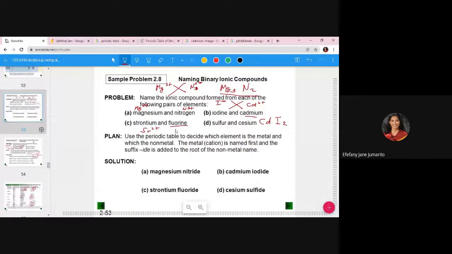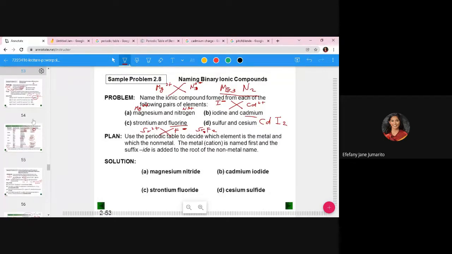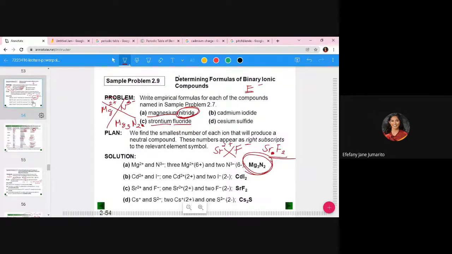Then fluorine, F minus. Cross multiply. We have SrF2. Okay, the 1 you do not write. Do not write it, it is already given. Okay, so that's how it goes.